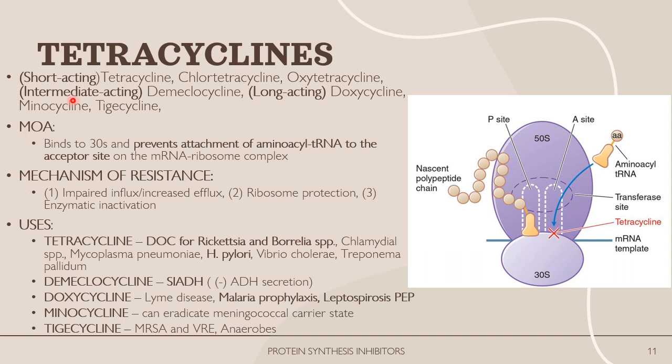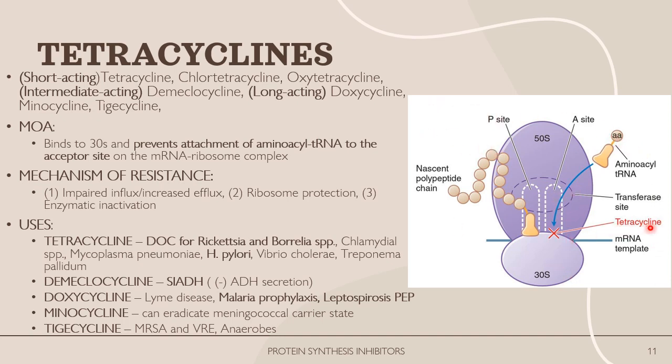Your tetracyclines bind to the 30S ribosomal subunit of the bacteria and prevent the attachment of aminoacyl tRNA to the acceptor site. I want you to focus on the picture sa right side ng screen.